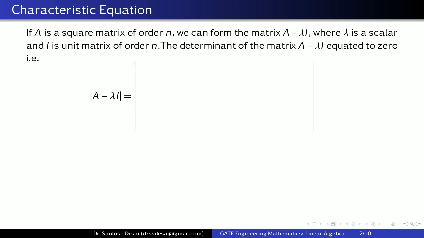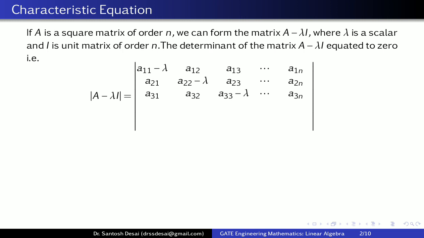That is, A minus lambda I is written as a11 minus lambda, a12, a13 and so on, a1n; a21, a22 minus lambda, a23 and so on, a2n. Similarly, the third row is a31, a32, a33 minus lambda and so on, a3n.